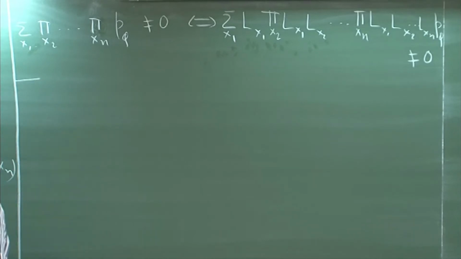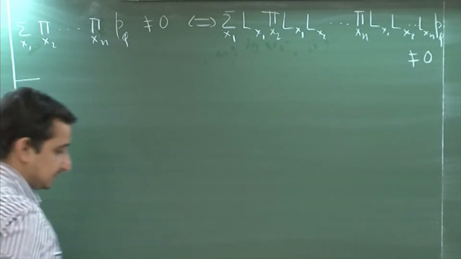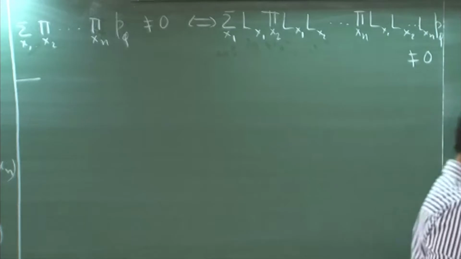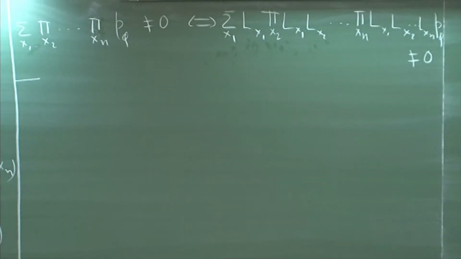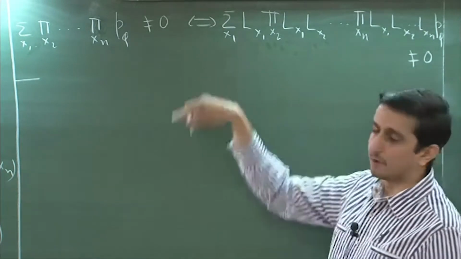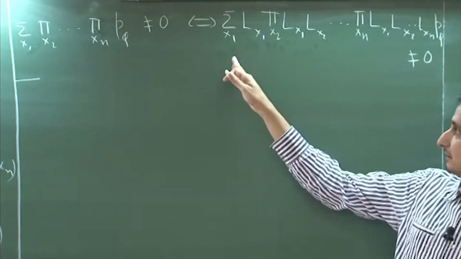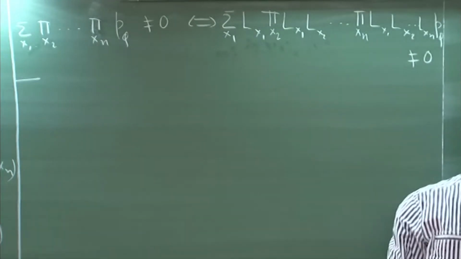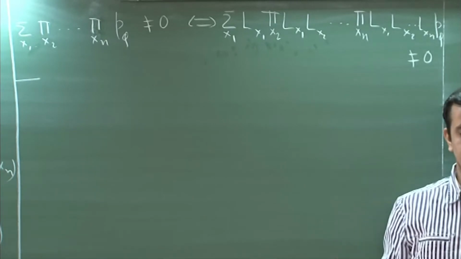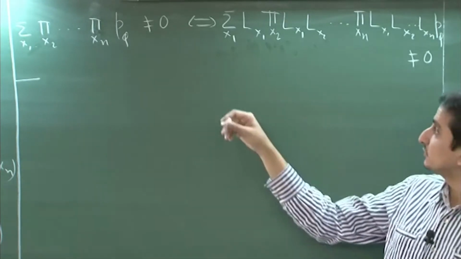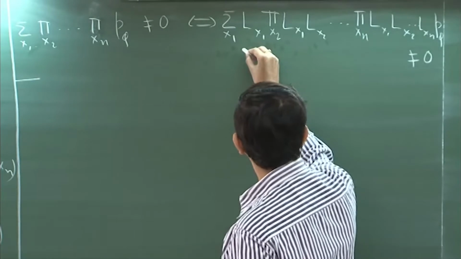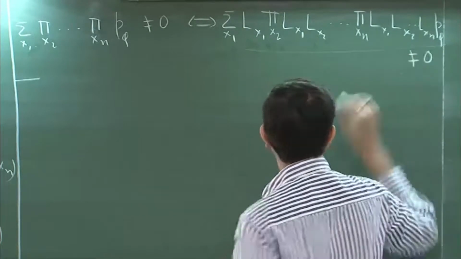Now the protocol is again very similar. The protocol is the same as what we had for sat bar or sharp p, that is we will strip one operator at a time. So, what was the thing for sharp p? The prover sent a polynomial which was supposed to be equal to this entire thing.